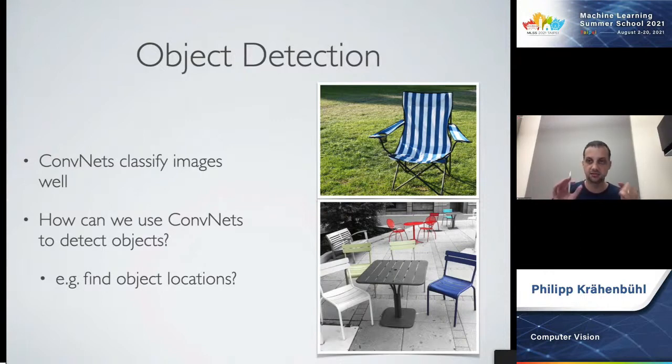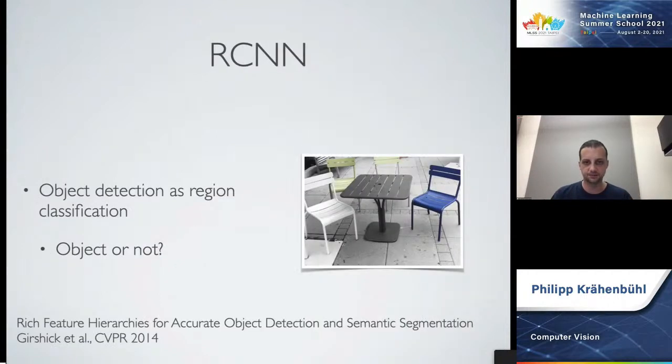Is this region part of an object, or is this an object or not? All right, so that's the classification problem that we'll phrase. So we'll crop out a region from the image and ask, is this a chair or not?